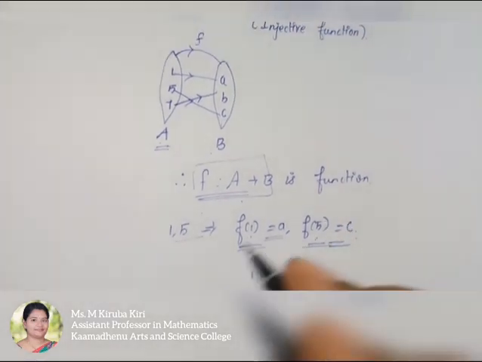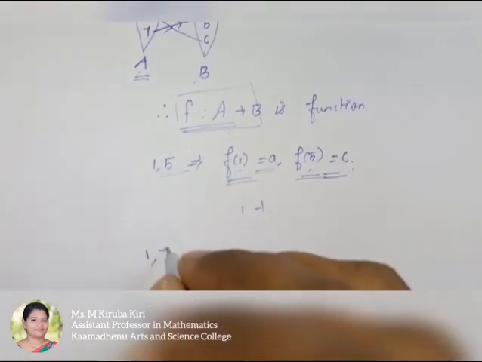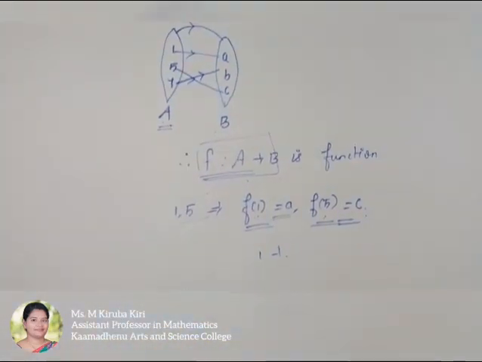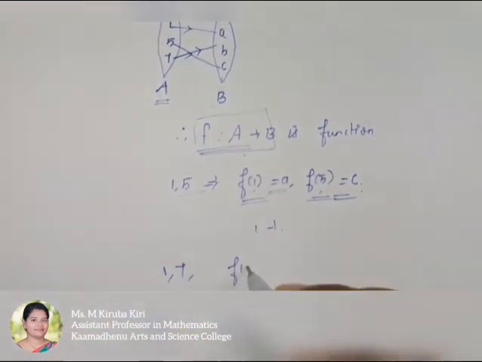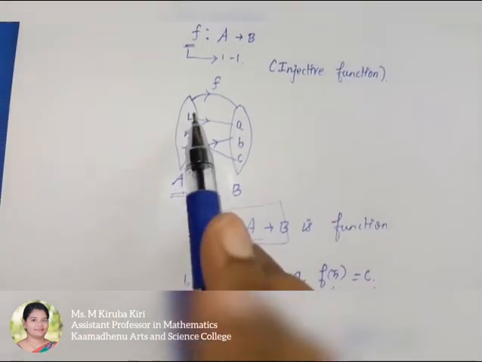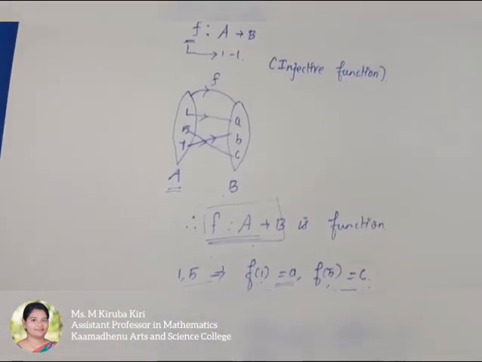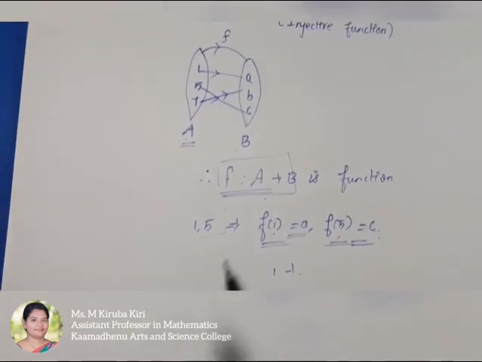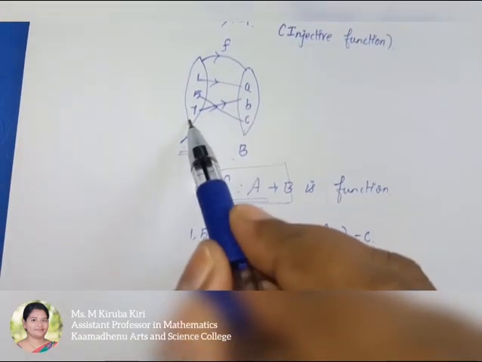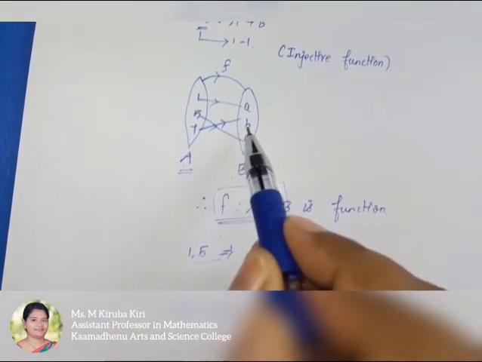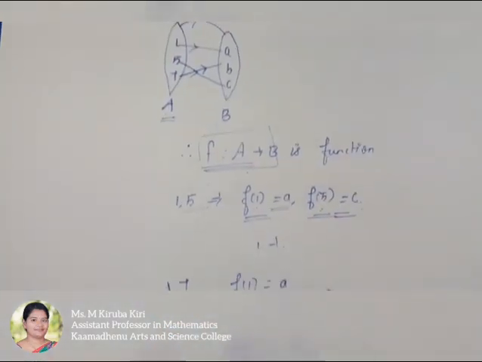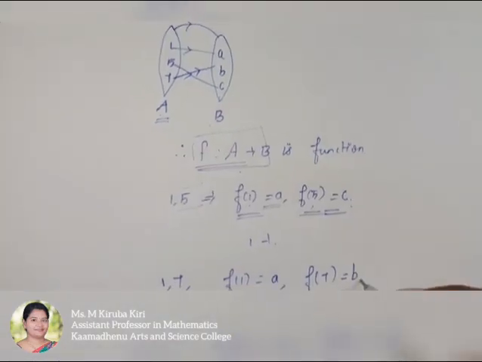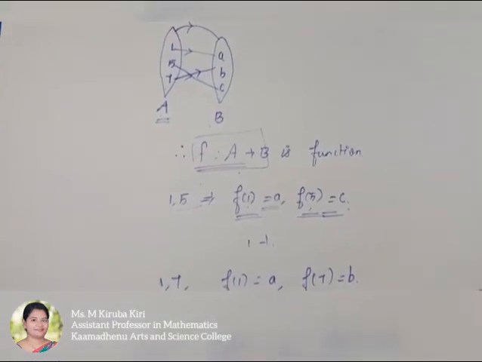Now we take another pair, 1 comma 7, from set A. f of 1 equal to a, and the image of 7 is b, so f of 7 equal to b.